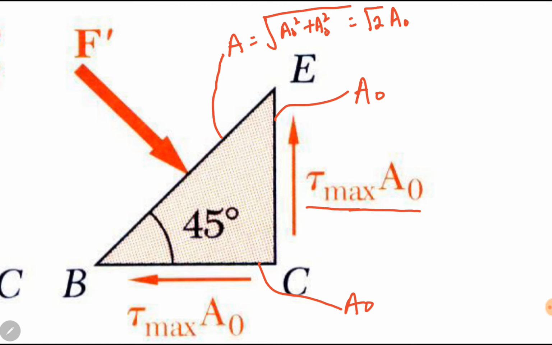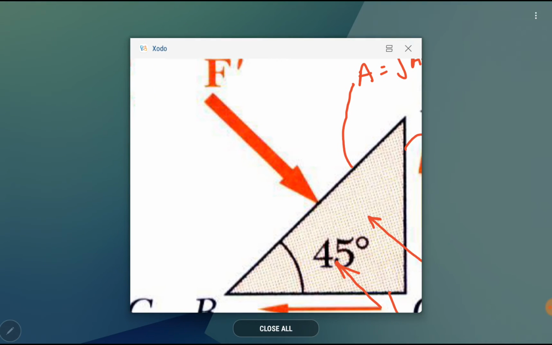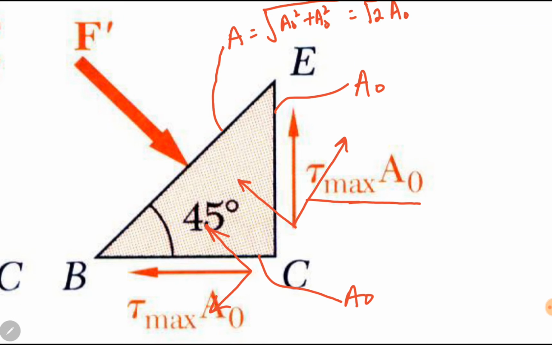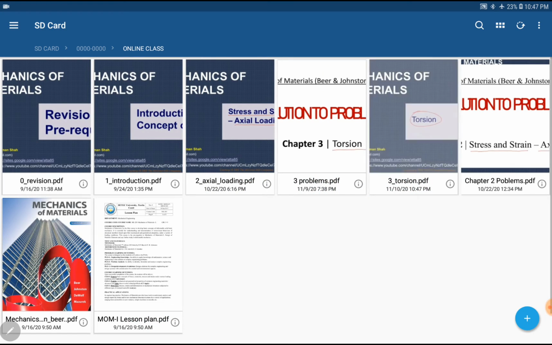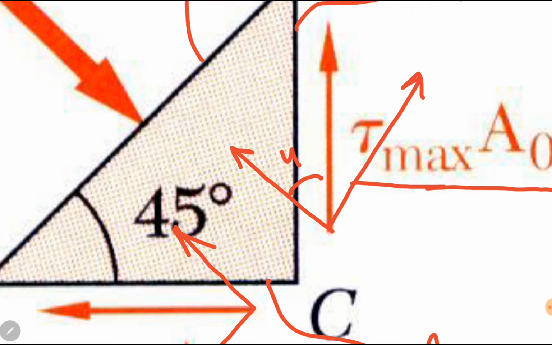Okay. Now in order to find this force F, we can divide these forces into their components: one component in the direction of the force and the other perpendicular to it. This angle is definitely 45 degrees. This component is tau maximum A naught cosine of 45 degrees.